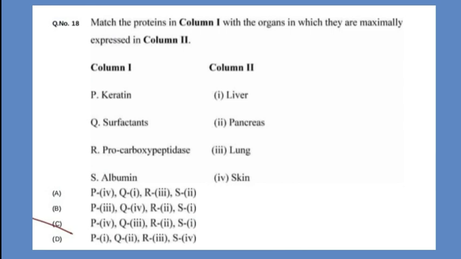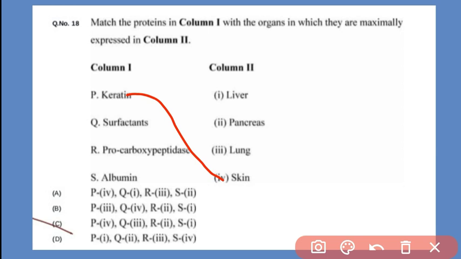So match it. The first is keratin. It is a structural fibrous protein. Alpha keratin is a type of keratin found in vertebrates. It is a structural material in scales, hairs, nails, feathers, horns, claws, hooves, and the outer layer of skin. Keratin produces the outer layer of skin, so it matches with skin. Surfactants.